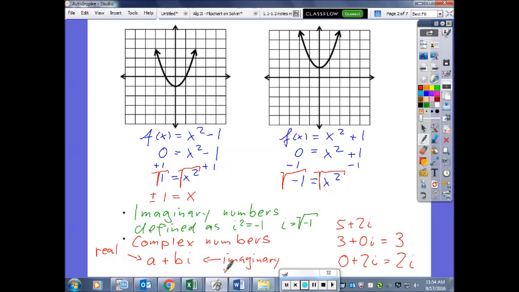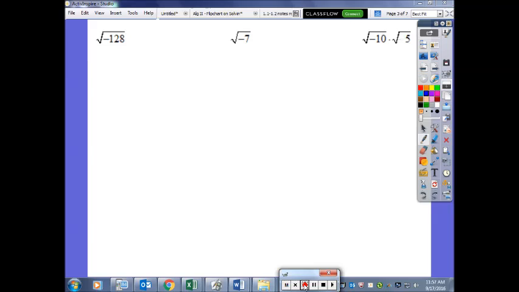So let's take a look at how we can use this new number system of the imaginary numbers to simplify square roots of negative numbers. The square root of negative 128 can also be written as the square root of -1 times the square root of 128. So then, since we now know that the square root of -1, excuse me, is i, we can replace that by i.